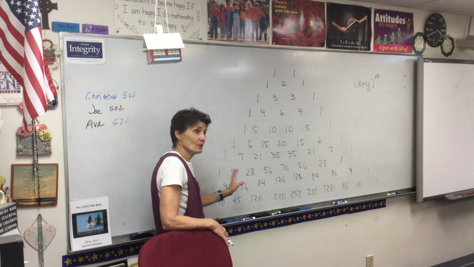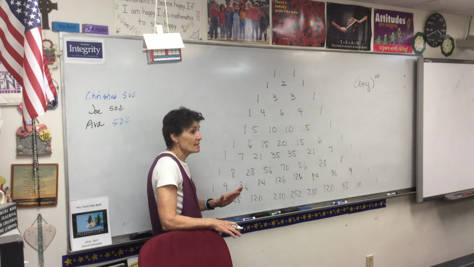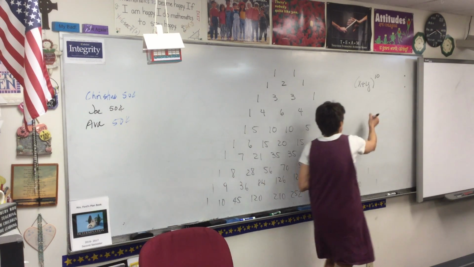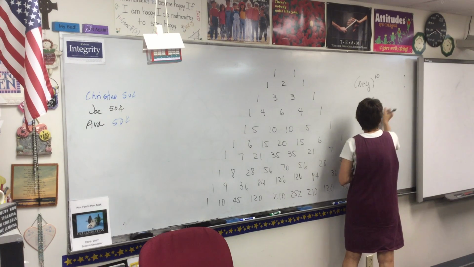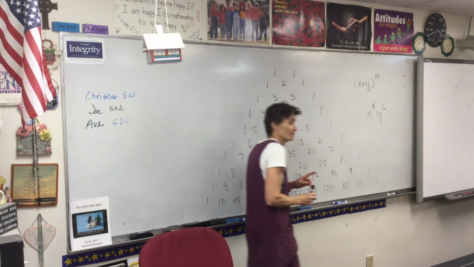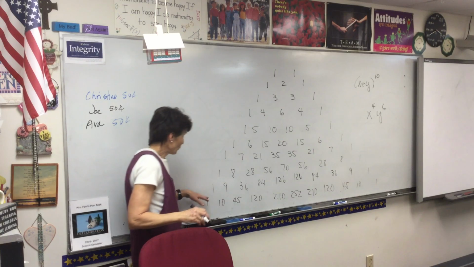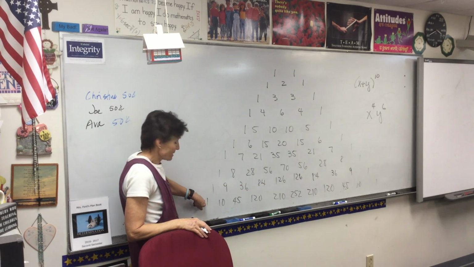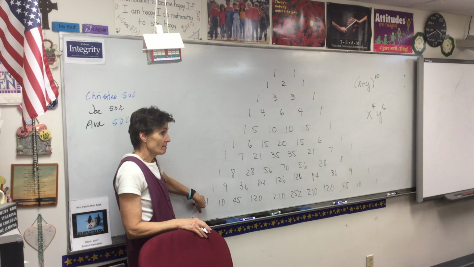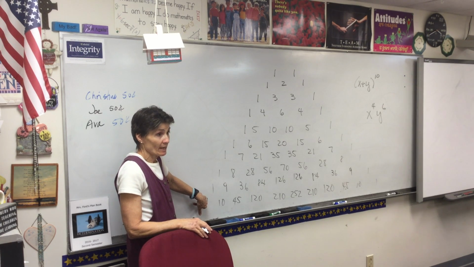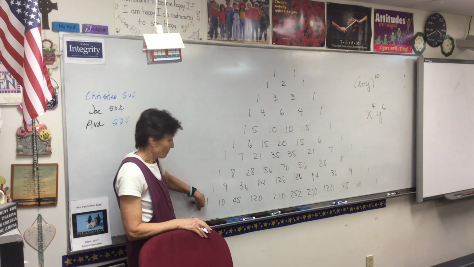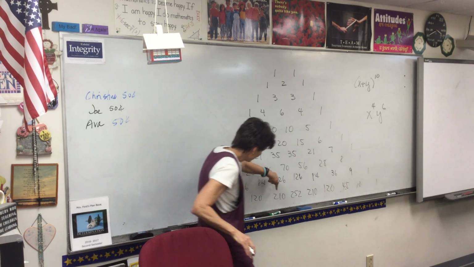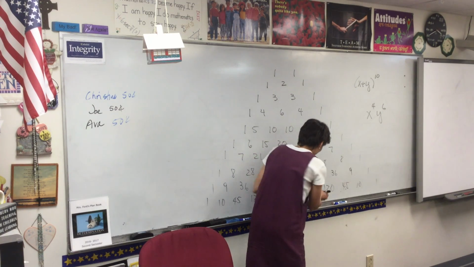Now, I am not going to do this whole expansion. I don't need to. The problem is focused on one term. It wants the term that has the x to the fourth and the y to the sixth in it. So, if you were to write out all these numbers, next to here would be an x, right? And what would be the power on that x? 10, and then 9, 8, 7, 6, 5, 4.